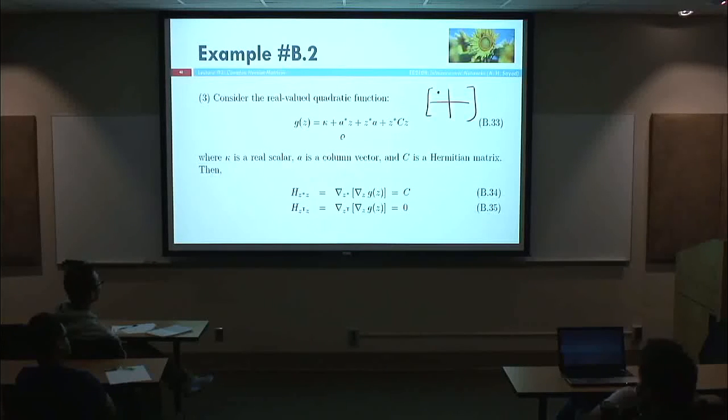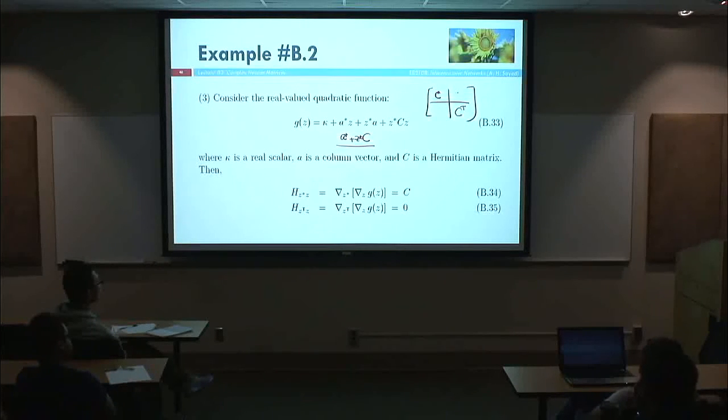The gradient relative to z, you get a star plus z star c. And then relative to z star, you'll get c here. Right? And here it is the other way around. Relative to z star first, and then relative to z, and you transpose the result. So you will get c transpose.